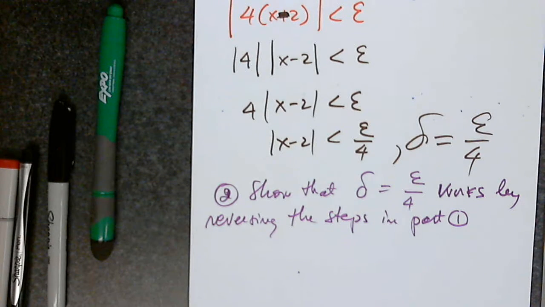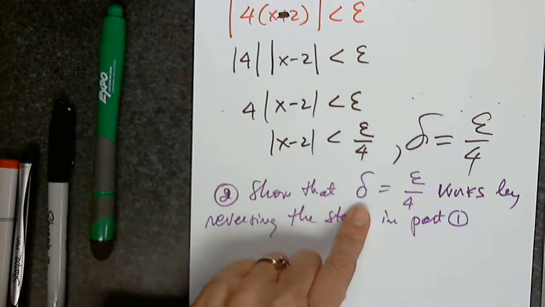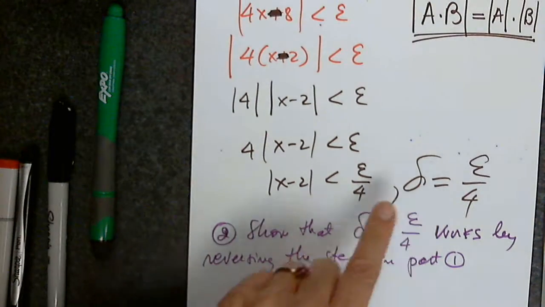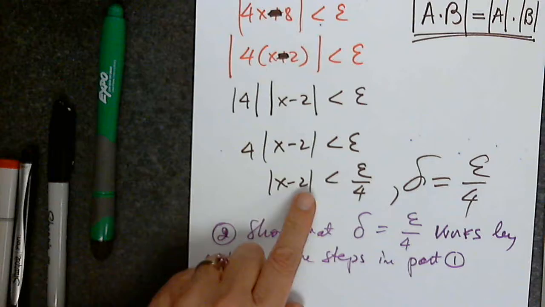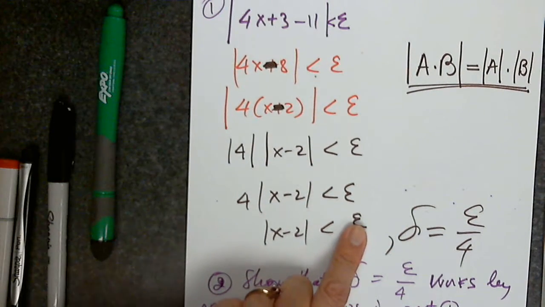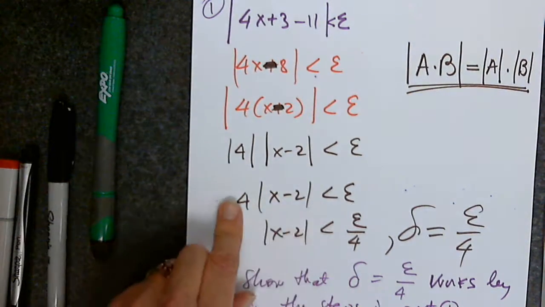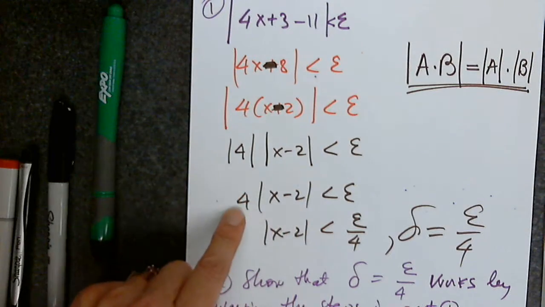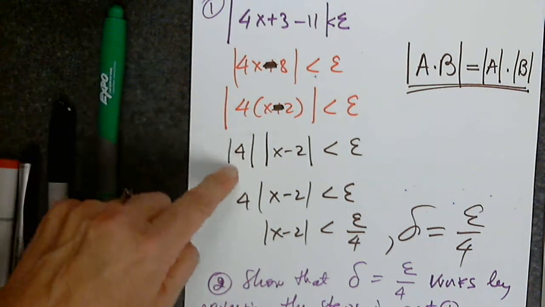Yes, please, Ian. Part 2, that question, will we be given an answer? We will be given x minus 2. You mean from here? Yes. No, from here we'll do this. I will write the absolute value of x minus 2 is less than epsilon over 4. Then I will multiply both sides by 4 to get this. Then I will put that 4 and absolute value of 4 are the same.